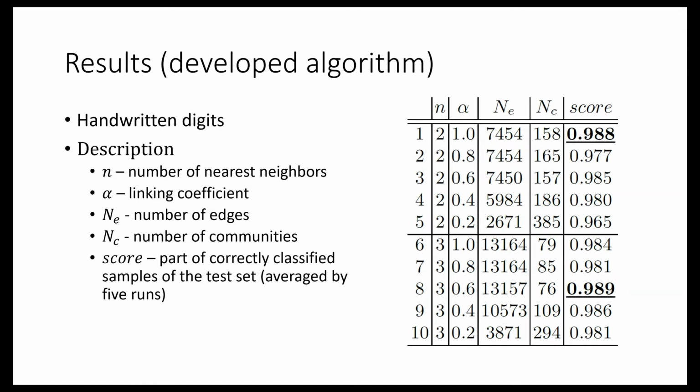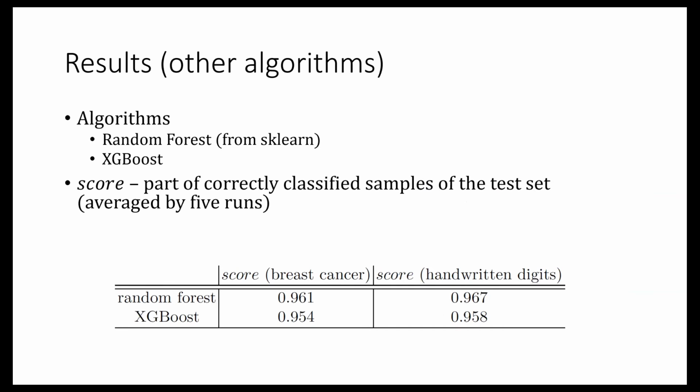And the result for handwritten digits is a bit better, almost 99% of all elements in the test set were classified correctly. And the baseline for our benchmarking is random forest from scikit-learn and XGBoost. It's a very famous gradient boosting algorithm for classification.